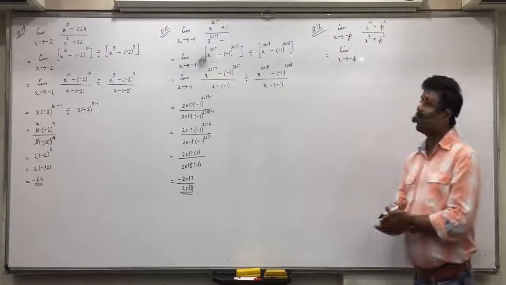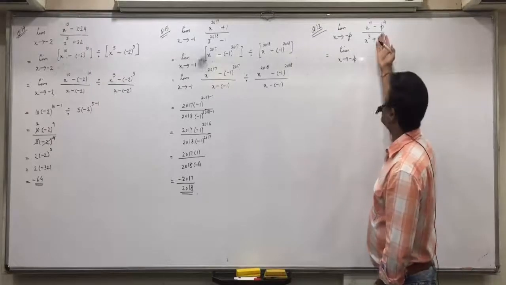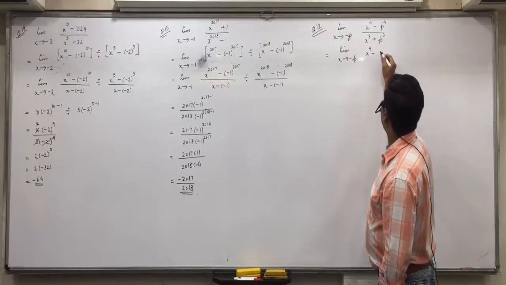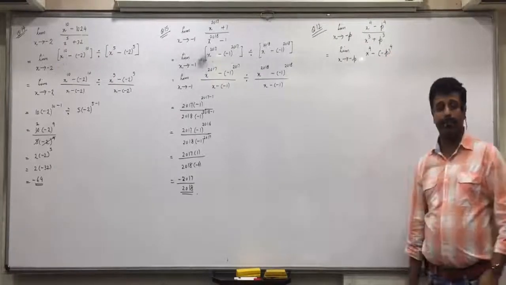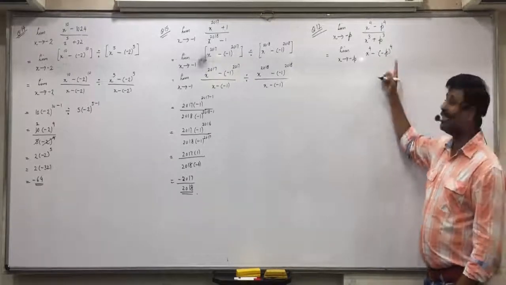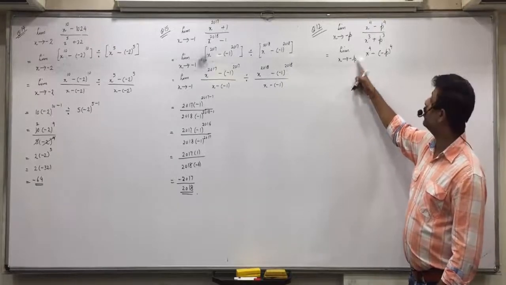Now limit x tends to minus p. What did I tell you? Here it's already in that order. x raised to 4, but you write minus p raised to 4 in between. You always take on the right side this number, minus p raised to 4.